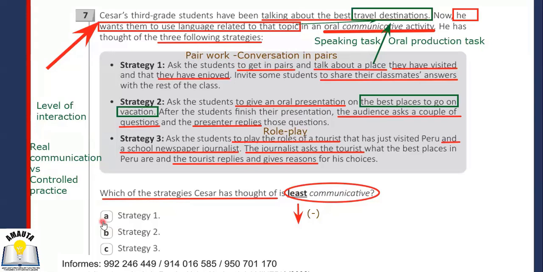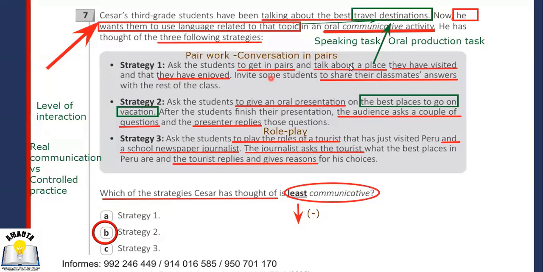right? Here we don't have real communication. What is the communicative purpose of strategy 2? What is the communicative purpose? There's no clear communicative purpose, right? On the opposite, in the other two strategies, 1 and 3, yes, the communicative purpose is very clear, right?